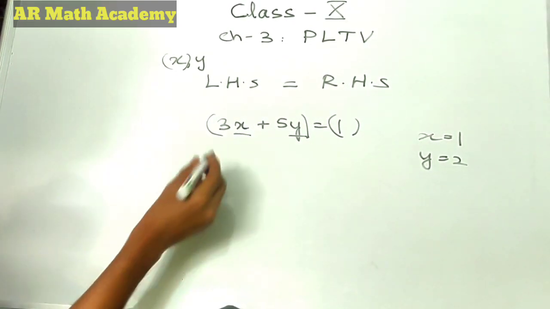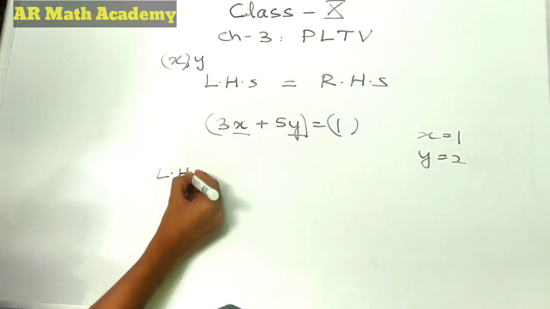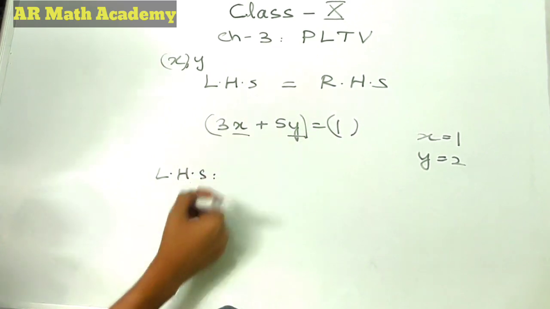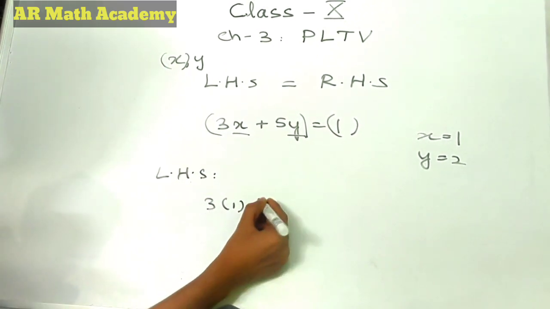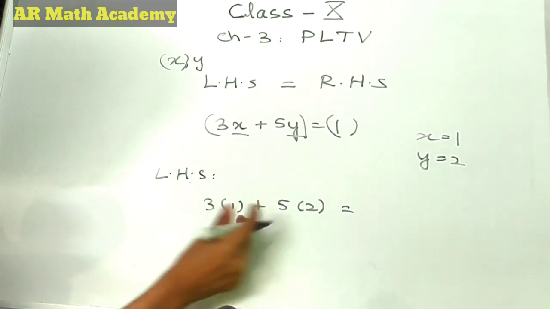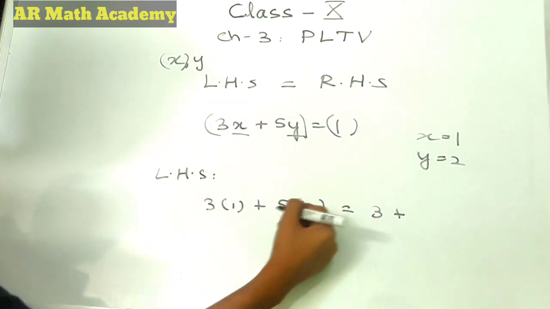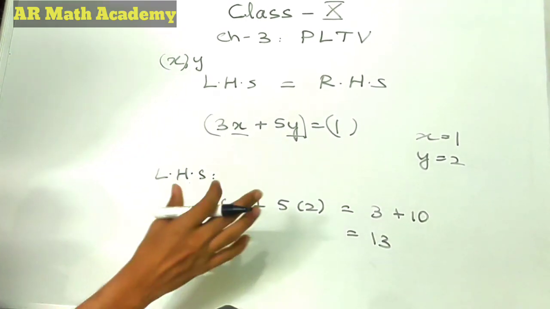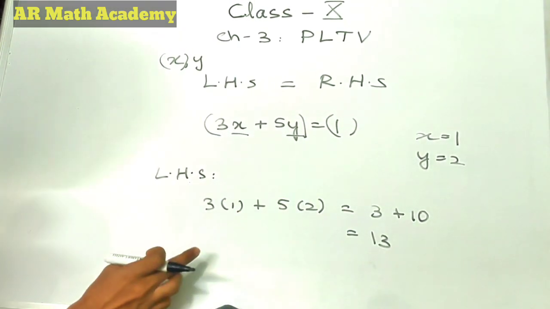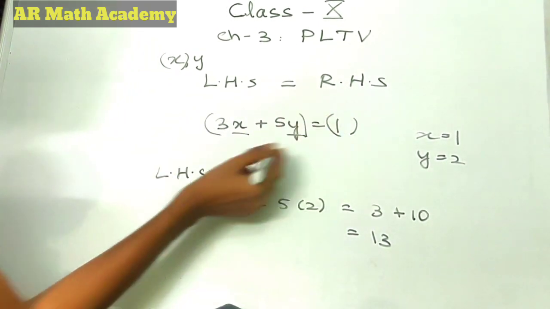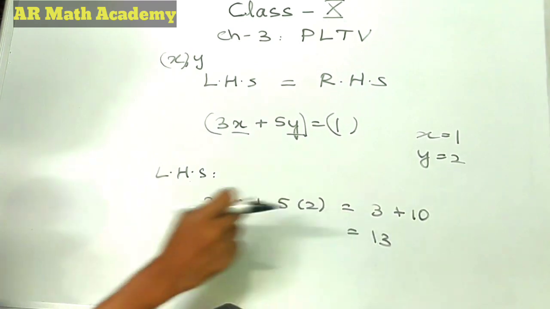In the left hand side, 3 times 1 plus 5 times 2 gives 3 plus 10, which is 13. So when I take x as 1 and y as 2, substituting in the left hand side of this equation, I am getting 13.